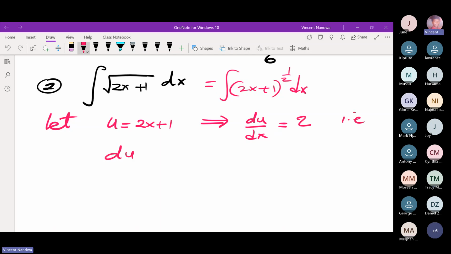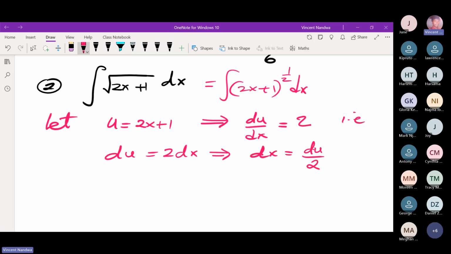Which is the same language as saying du alone is, if you make du the subject, 2 dx. So multiply both sides by dx. Which is the same language as saying dx alone is du over 2. Du over 2, correct.